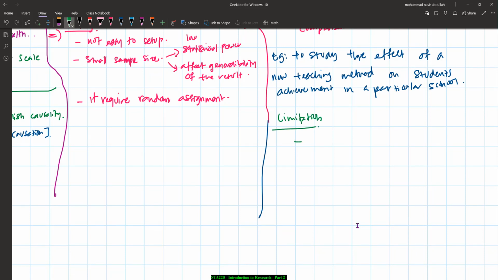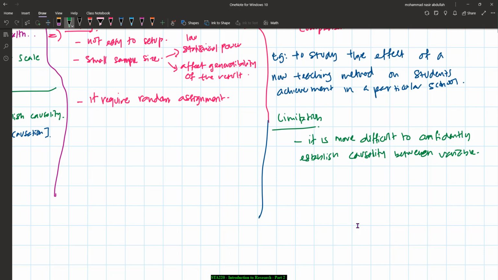So it is more difficult to confidently establish causality between variables.